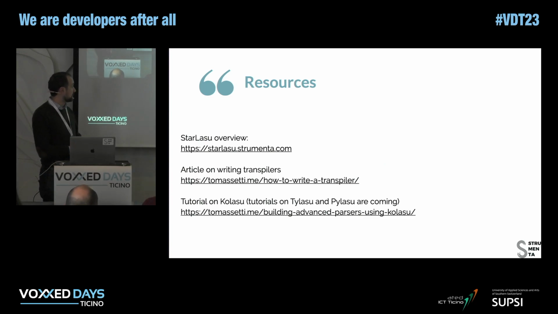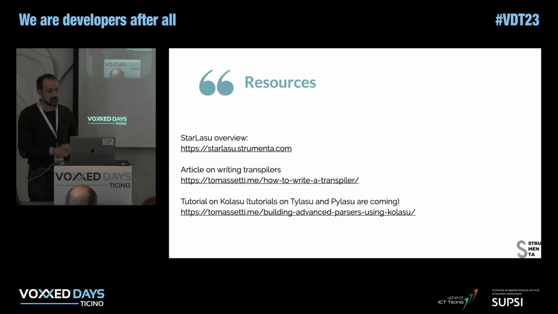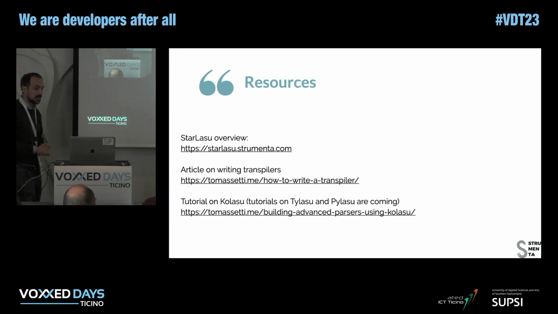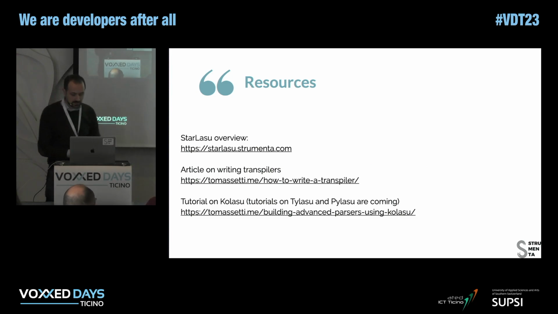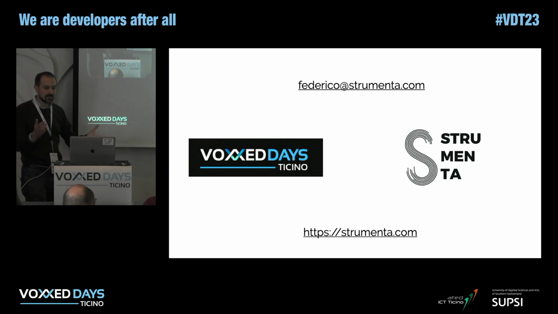There are some articles, an article on how to write a transpiler, explaining in more detail what we've seen today. And if you also want to build your own parser, there is also a tutorial for writing the parser. So in case you're interested, you can find the links here. And that's it. So if you have questions, here I am.